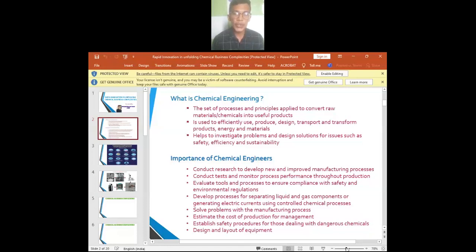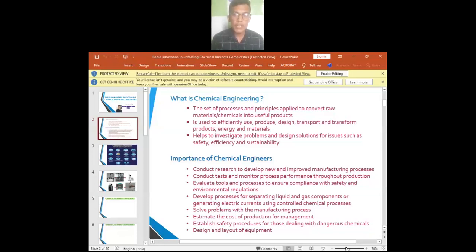They evaluate tools and processes to ensure compliance with safety and environmental regulations through good manufacturing practices and good laboratory practices. They develop processes, that is, modify existing processes or create new processes for separating liquid and gas components using controlled chemical processes.